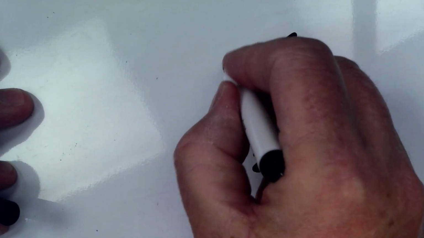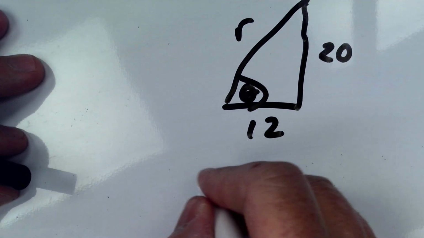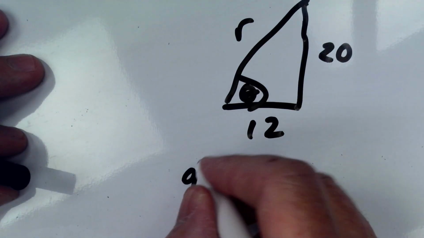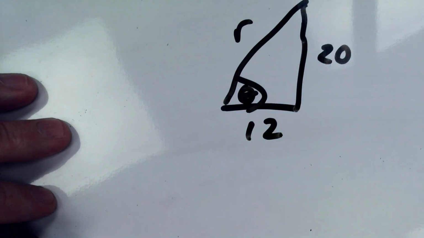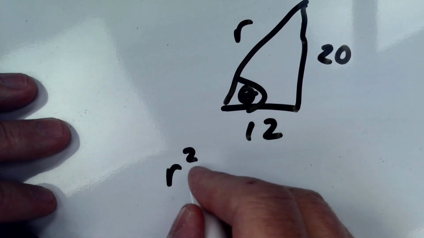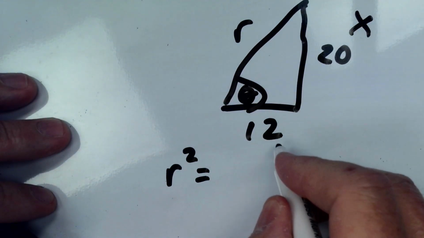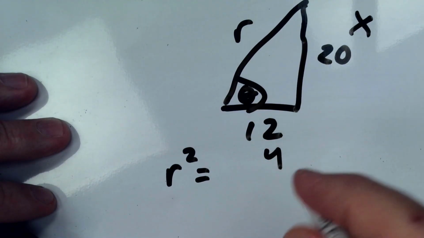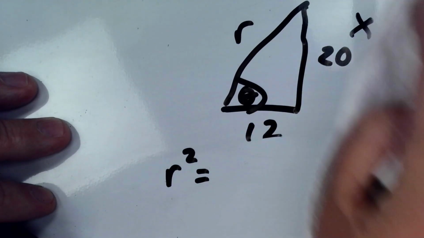What is r? Well, we know that the Pythagorean theorem says, we'll put it in our terms here, r squared is going to equal x squared plus y squared. So let me just use these values here.